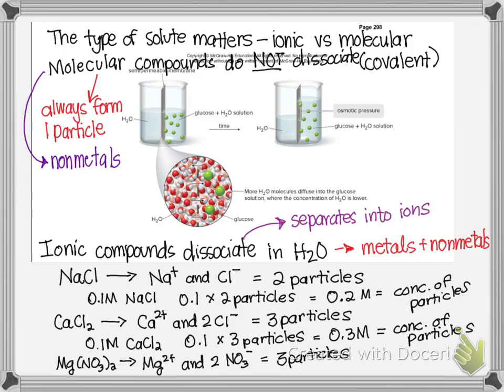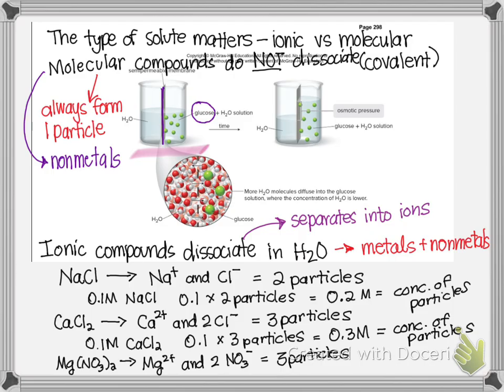So this image that I had here, let's take a look at it and see what is happening. On this first picture, if I look at this side, notice it has water, and this little line right here is a semi-permeable membrane, and this is at the beginning, and we have water over the whole thing, but on the right-hand side, it has glucose.